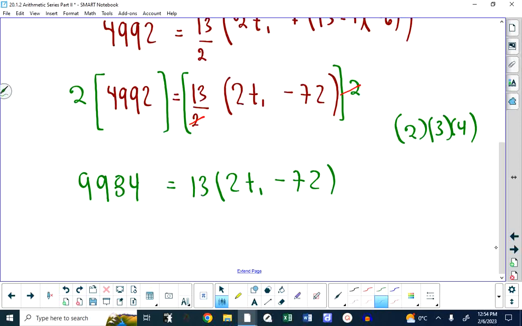What I do not do when I'm multiplying things is go 2 times 3 is 6, 2 times 4 is 8, 8 times 6 is 48. I do that when there's a plus in between. And in here, there's a times. So as long as I multiply either the 13 or the 2t minus 72 by 2, then I'm golden. There's nothing wrong with that.